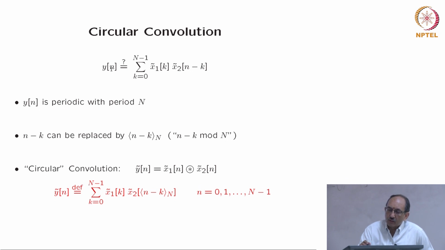Therefore, as a working definition, we have put y of n equals the sum from 0 to N minus 1 of x1 tilde of k times x2 tilde of n minus k, and we have put a question mark because we want to consider whether this will work. So y of n is periodic with period N because x1 and x2 are periodic with period N, and in this definition n minus k can be replaced by n minus k mod N because each sequence is periodic, and hence what we started off by thinking whether this will work indeed does.